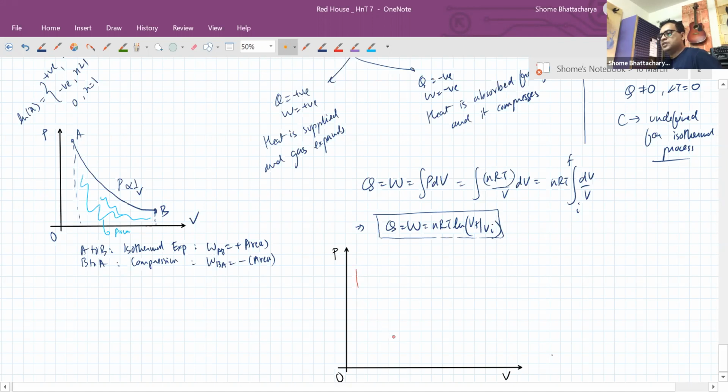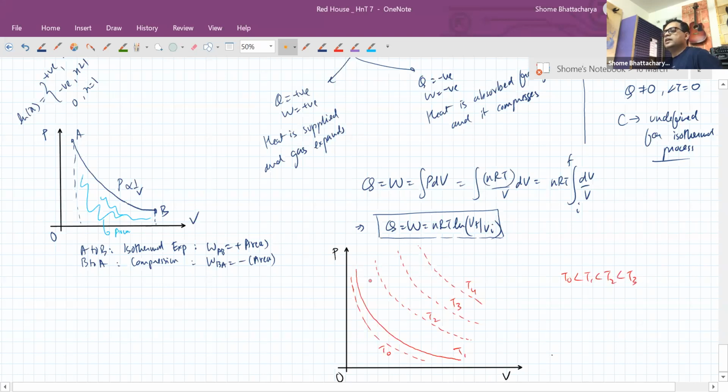If we draw an isotherm at some temperature, let's say T1, and then we draw another one at a different temperature, they look like a series of rectangular hyperbolas, such that the way I am drawing them, the temperature is increasing as you go away from the origin. So T0 is less than T1 is less than T2.